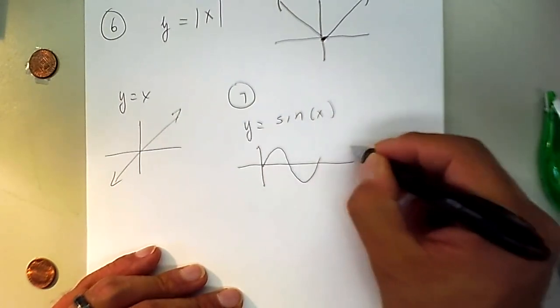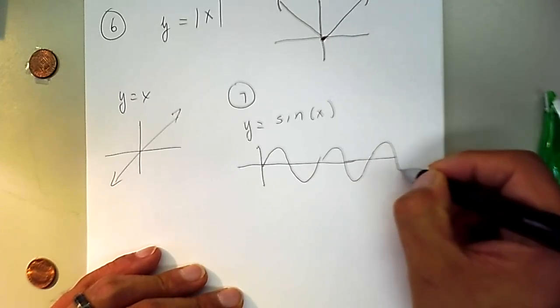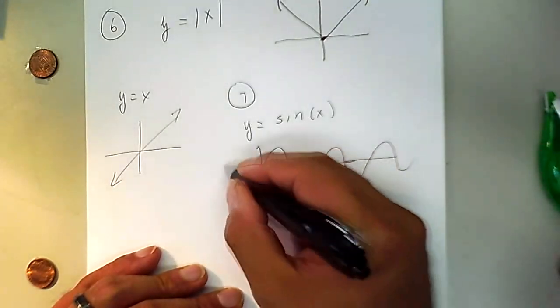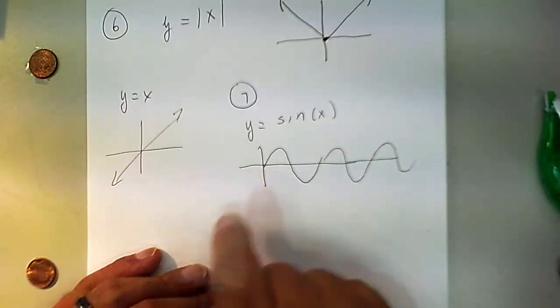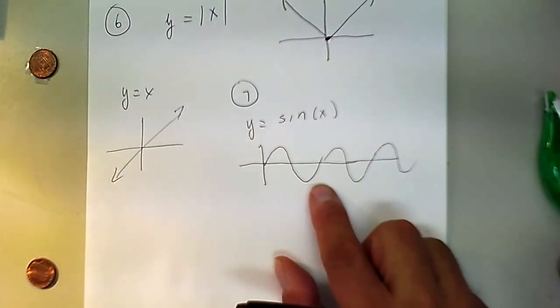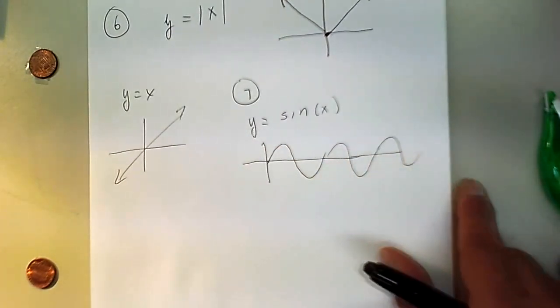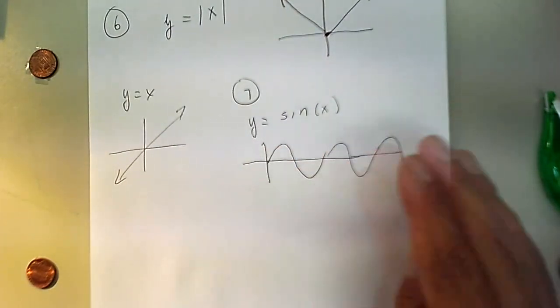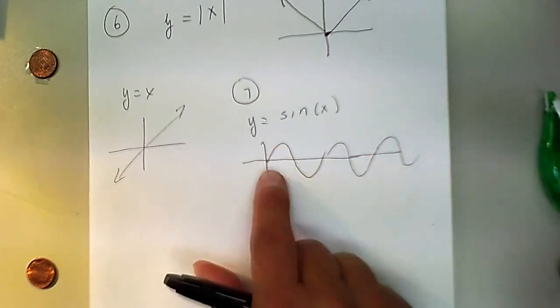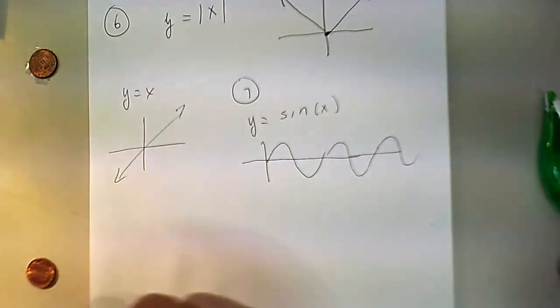So it's a plane wave, and it just cycles over. And on the left, it does the same thing. I just don't want to draw more on the left. But that's a wave, and I don't need to go beyond this. So this is sine of x. Just keep that in mind. It is a wave, and it's periodic. It just continues doing the same thing over and over again on the right as well as on the left with the same kind of pattern.